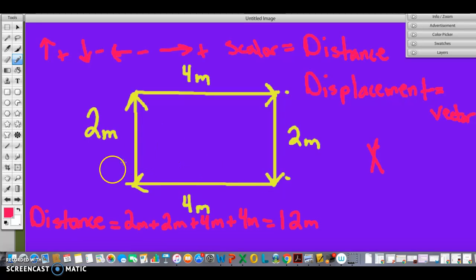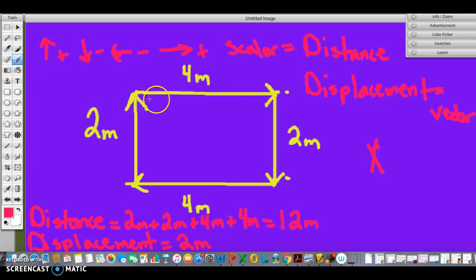Now, what is the displacement? We're going to do the exact same thing, except we're going to account for the direction that the numbers are pointed. We have a 2, but this is a positive 2 because it's going up. So we have a positive 2 meters.